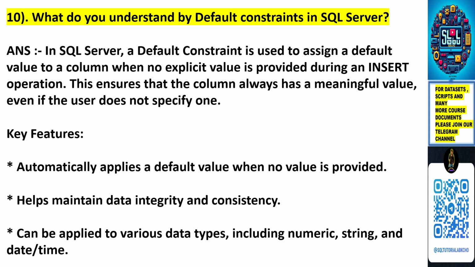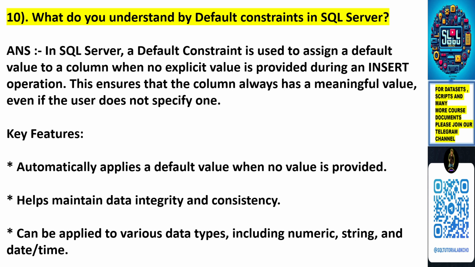Okay, now the last and the 10th question is, what do you understand by a default constraint in SQL Server? Basically this is a good question, and this can be asked to people. The answer for this is, in SQL Server a default constraint is used to assign a default value to a column when no explicit value is provided during an insert operation.